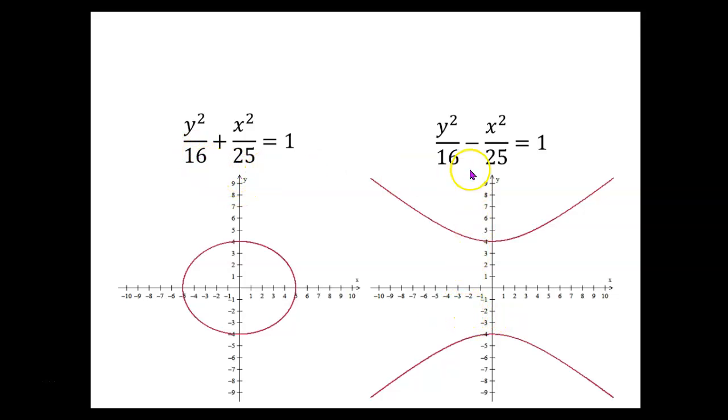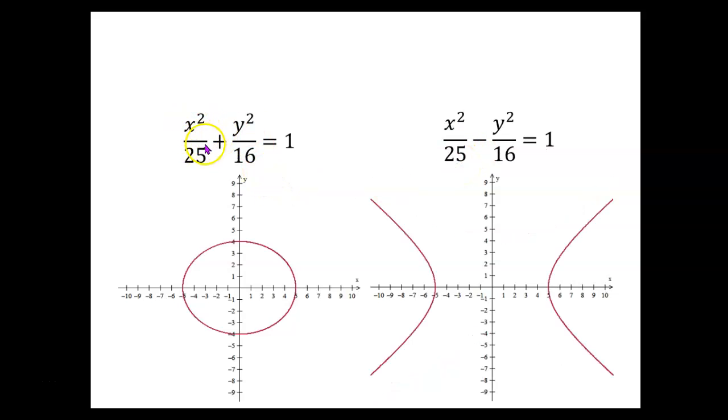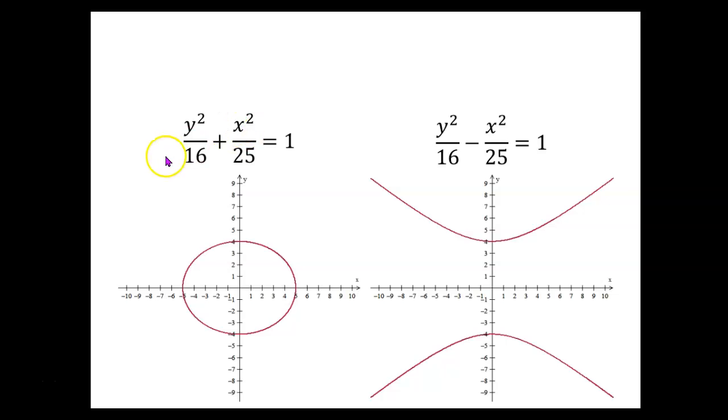If we put the y part first, with ellipses, we're adding, so the order doesn't matter. If I wrote it with the y part first, y squared over 16 plus x squared over 25 equals 1, it wouldn't change anything. It would still be the same ellipse. But with subtraction, of course, the order does matter.